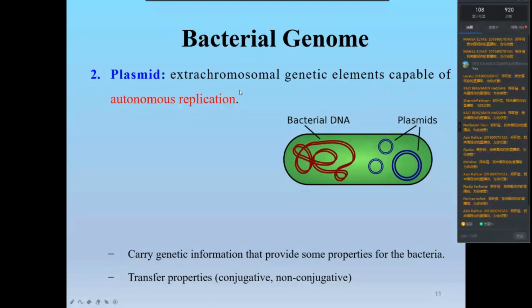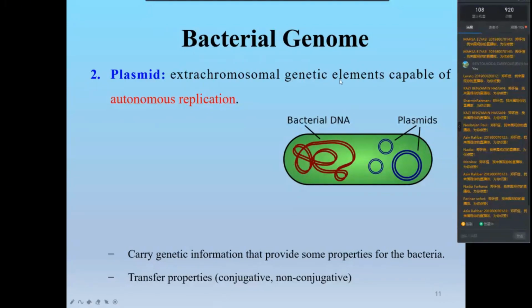So it's self-replication. Here extrachromosomal means that they are not on chromosomes. So here is the bacterial chromosome, bacterial DNA, and the plasmids are outside. It's in this bacterial cell, but not on the chromosome.